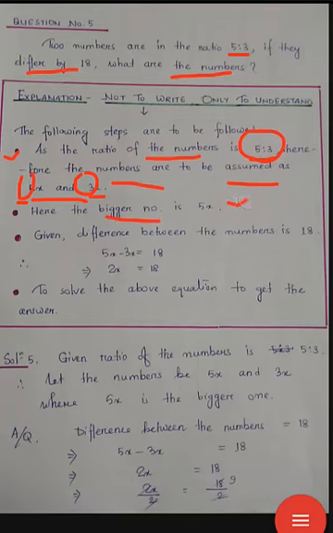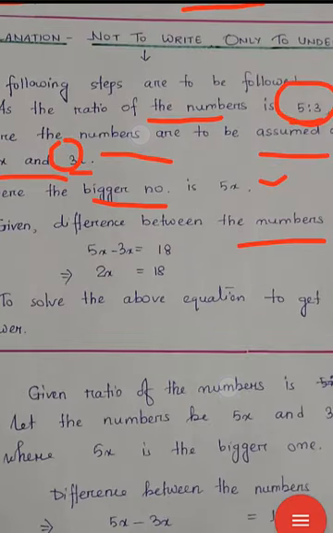The difference between the numbers, as mentioned in the question, means bigger number minus smaller number. When we subtract the smaller value from the bigger value, the result we get is 18. That means 5x minus 3x is equal to 18.